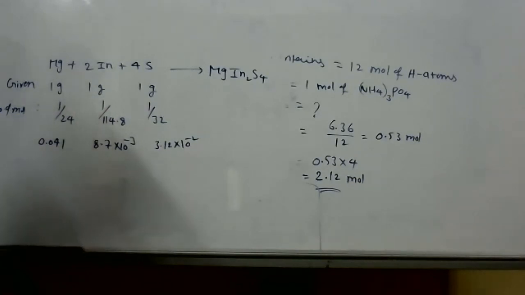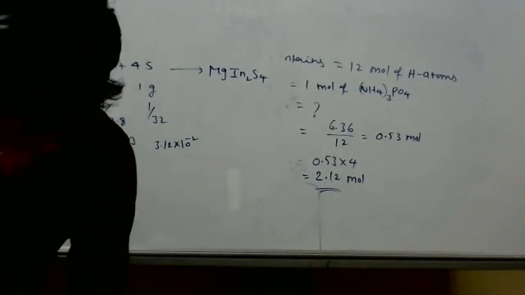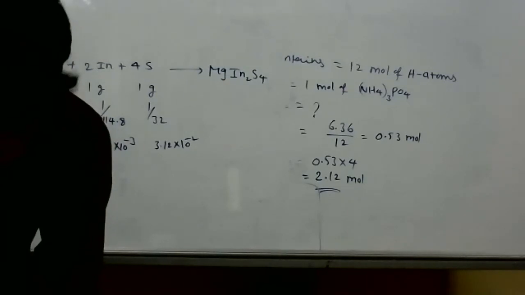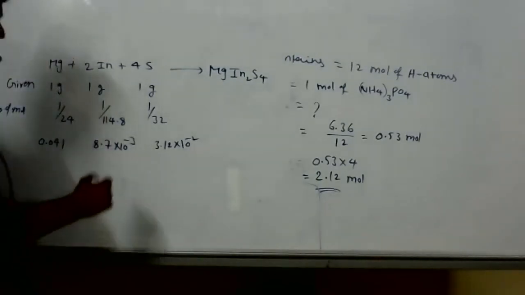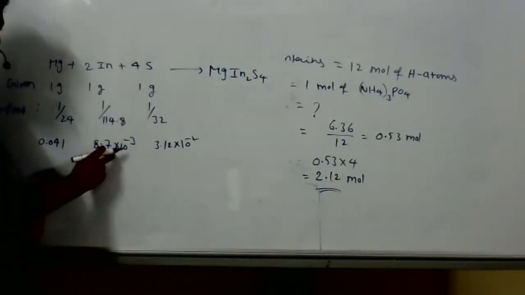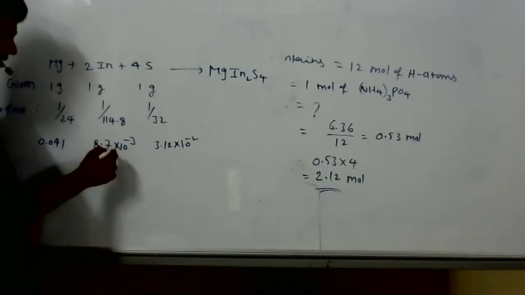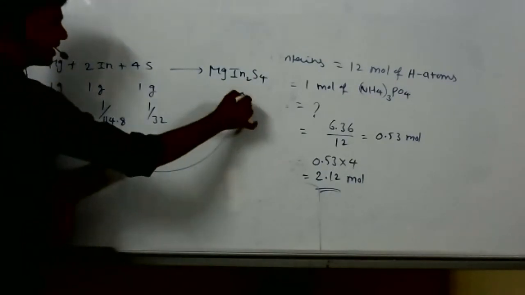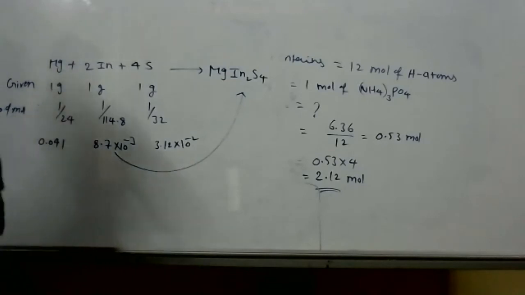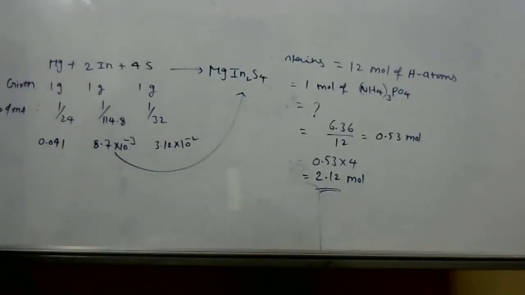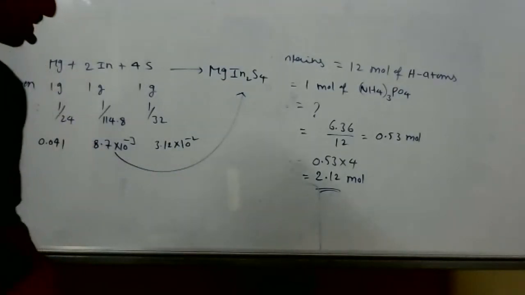Okay, so the final is given as how many moles of final substance is obtained, right? No, just see, this is the smallest number, right? So this many moles only are obtained: 8.7 into 10 power minus 3 moles of product.